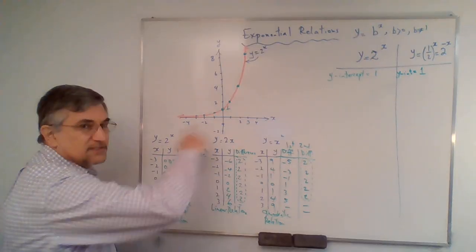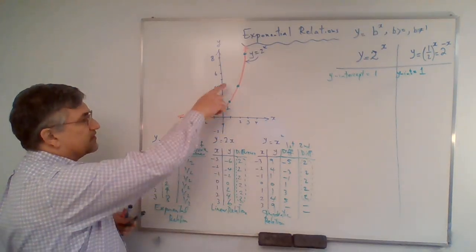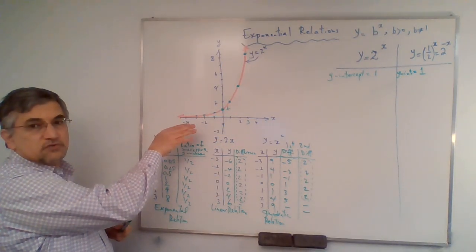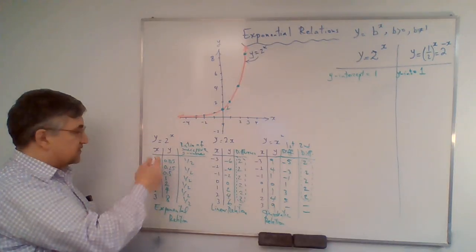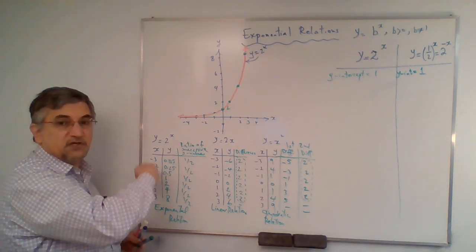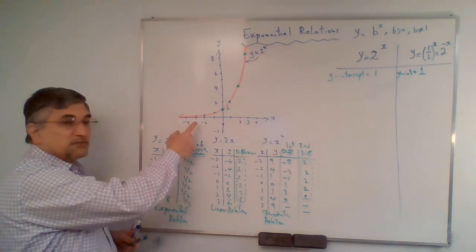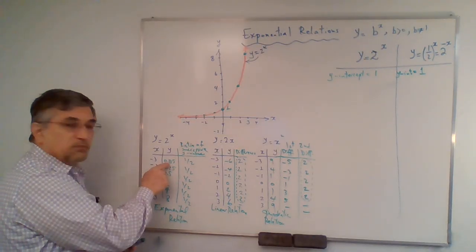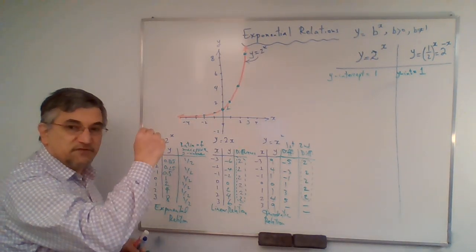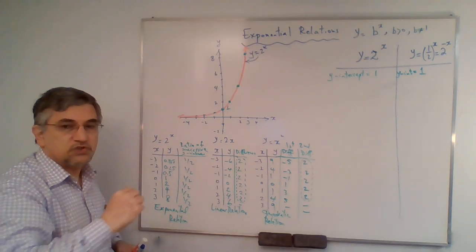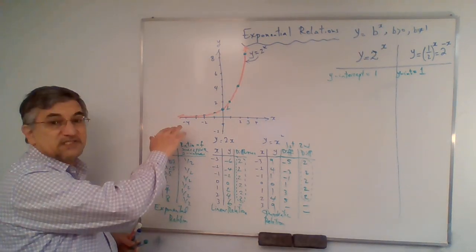And about the x-intercept, what I can say is that the graph becomes extremely close to the x-axis on the left-hand side. If x becomes like -3, -4, -10, -100, -10,000, as x becomes smaller and smaller, the value of y becomes very, very close to 0, but still positive, above the x-axis.